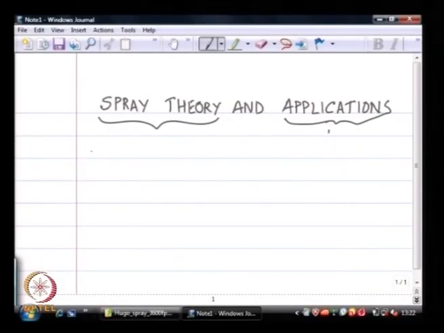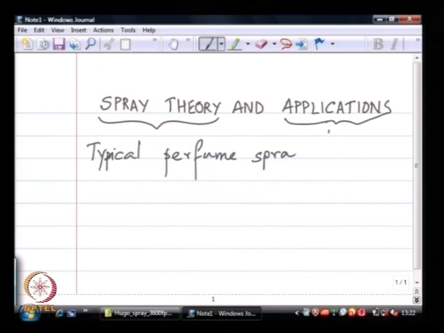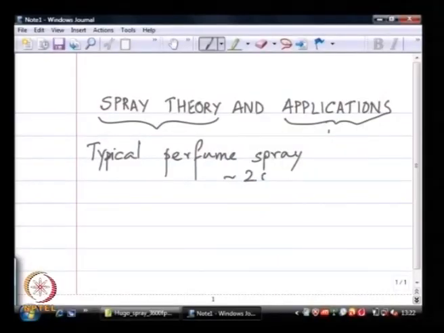Okay. So, we will take a typical perfume spray. Let us say a typical perfume spray is about 200 milliliters in volume.